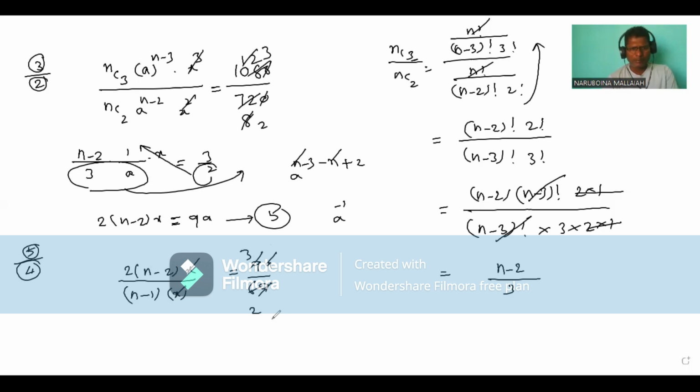Now cross multiply, 2 into 2, right? Cross multiply diagonally. 2 4s are 8, 4 into n minus 2. This is equal to 3 into n minus 1. Here 4n minus 8, 3 into n, 3n minus 3.